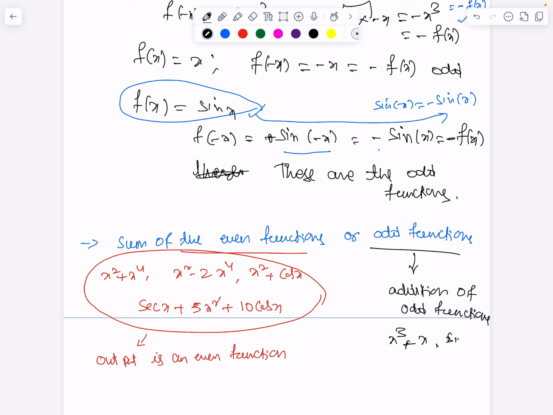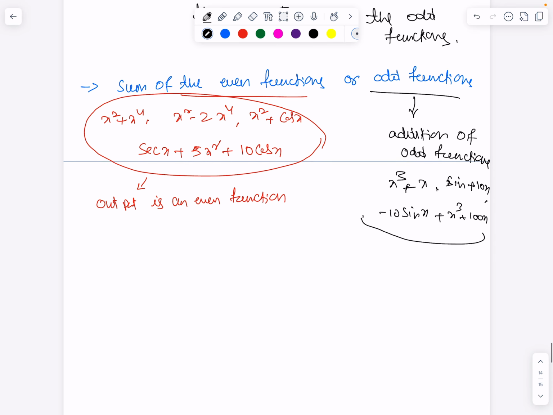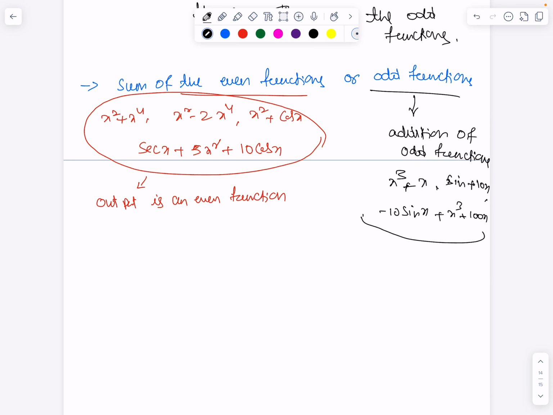So sin x plus 10x, minus 10 sin x plus x cube plus 100x, all these are odd functions. Therefore the addition of even functions gives you an even function, and the addition of odd functions gives you an odd function.